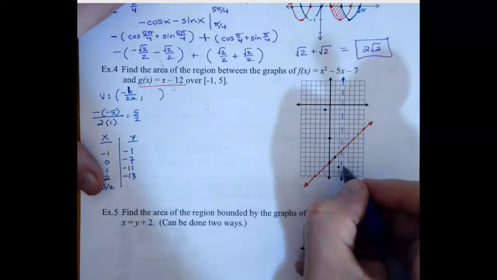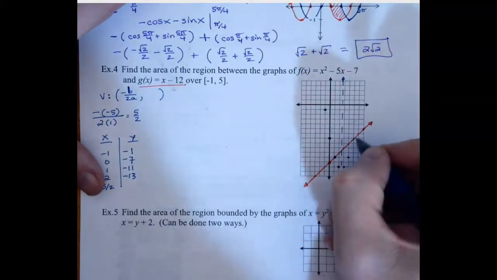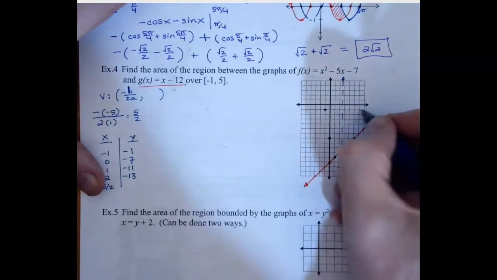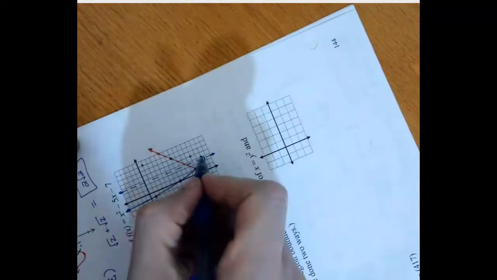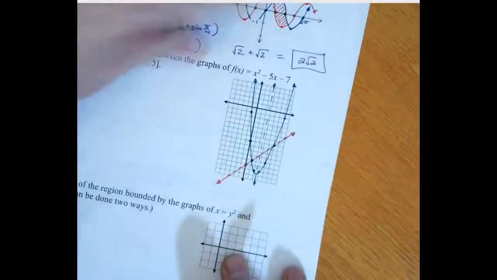So we can reflect this over here, and we should be able to get those points there. So down here somewhere is that vertex, which might not be that big of a deal.